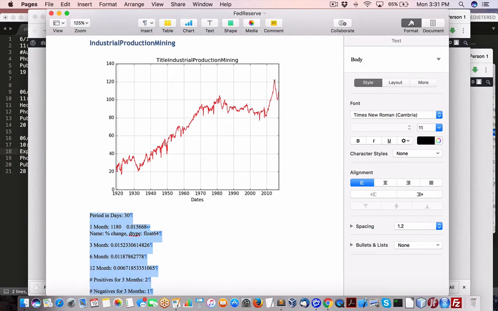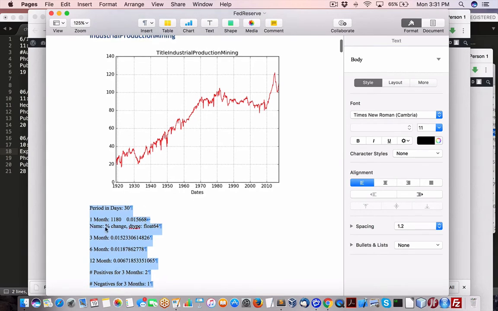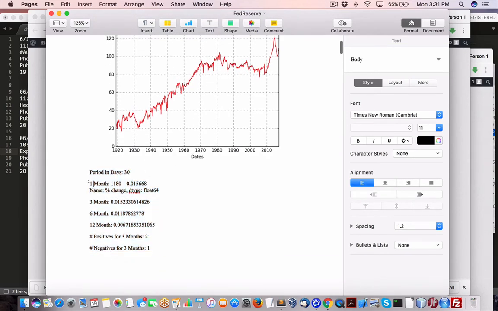And what we can see here as an example, periods, days, every 30 days. So we have here an analysis done on the trend over the last, let's say, 1 month, 3 month, 6 month, and 12 month. What these numbers represent are basically the percentage change between that period of 30 days.